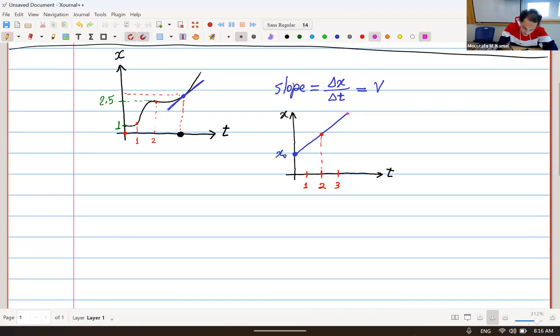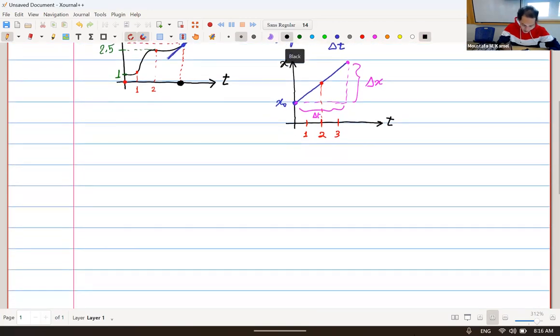So you can just get the initial and final points and do rise over run from here to here. Okay, so this will be your delta x, and this will be your delta t. Okay, so if I asked you to get the velocity at a point, if it's a line, you can just get the slope of the whole line.